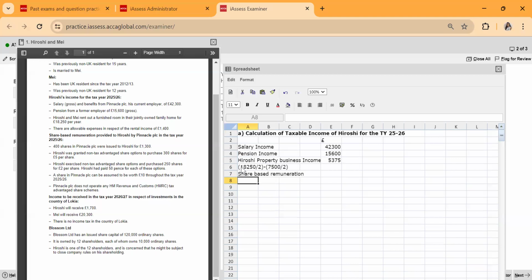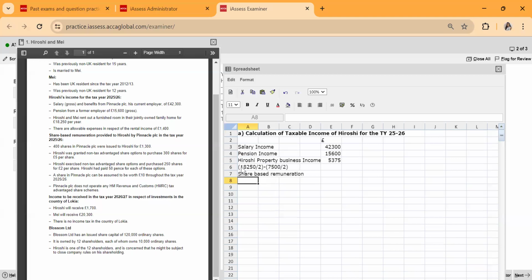Now, what is the rule? When we see it is all falling in one tax year, we don't need to do two transactions. Otherwise, if they were different dates, then we would have calculated the income at the time of exercise date. So what is the employment income to be added? Because we're not calculating chargeable gains here, as it is not sold.